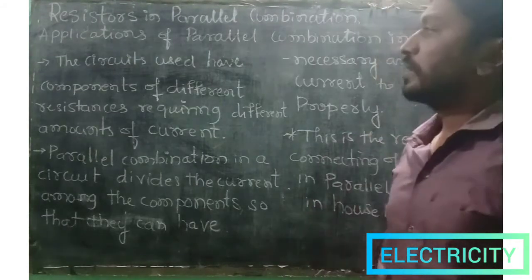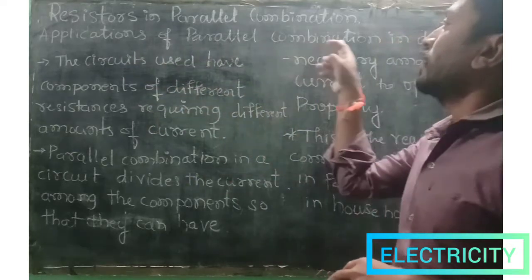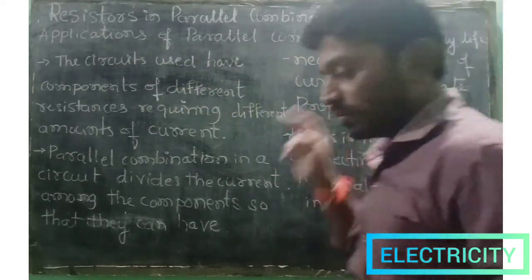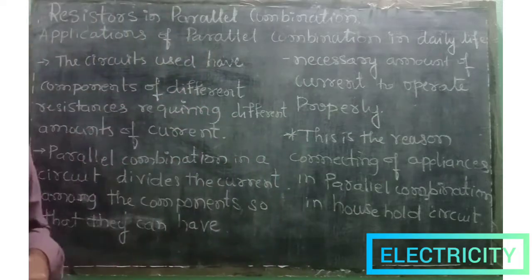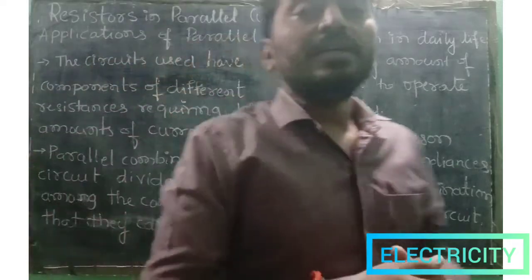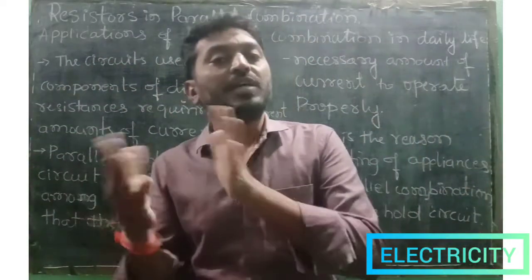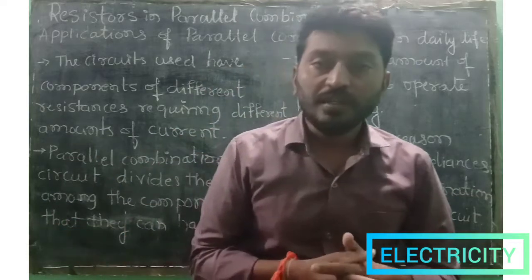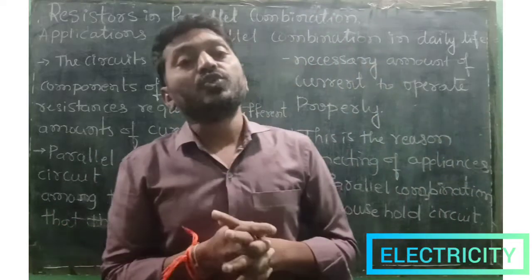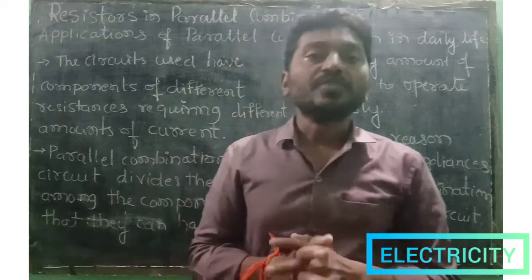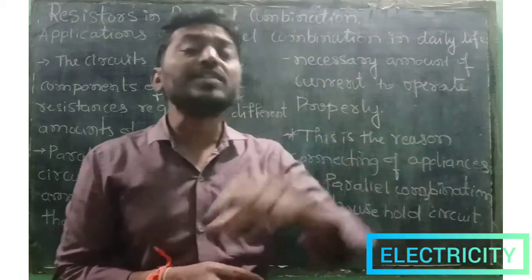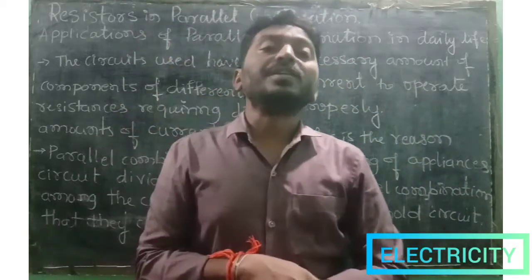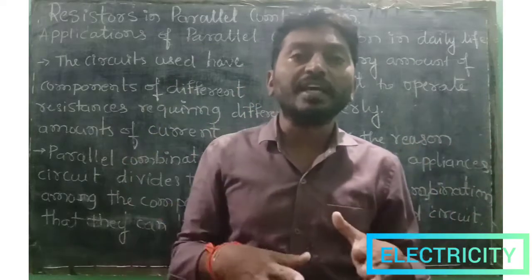Dear students, now the applications of parallel combination in daily life. We already discussed series combination as well as parallel combination. Which is more useful in our daily life? Compared to series combination, parallel combination is very useful. Why?